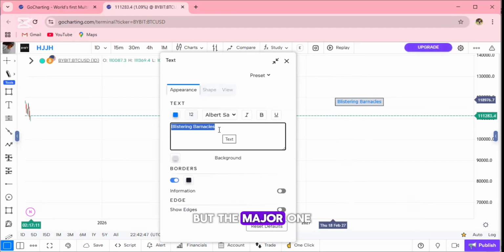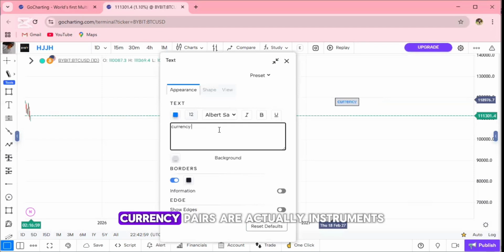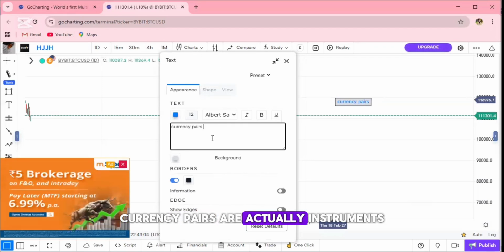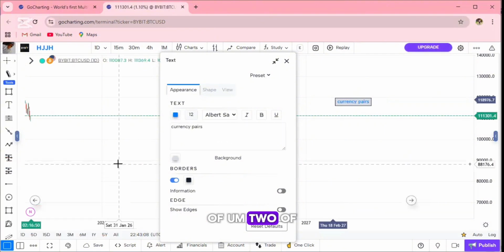But the major one, which is the centralized market, is the currency pairs. And what do you understand by currency pairs? Currency pairs are actually instruments of two countries being paired together as one.